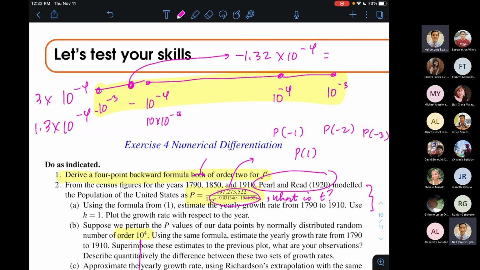So ito ay big O ni 10 to the negative 4. So yeah, pwede mo siyang tingnan as mag-add ka ng isang exponent. Magpa-plus 1 ka dun sa exponent. So this would be big O of 10 to the minus 4.